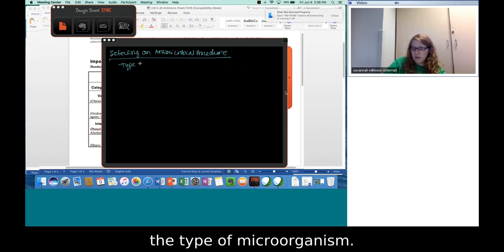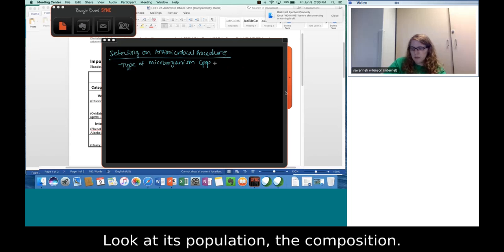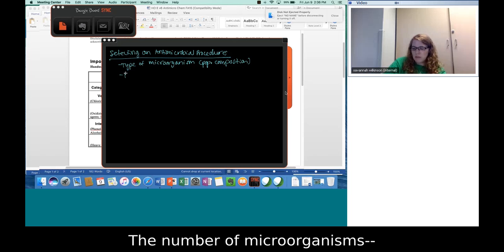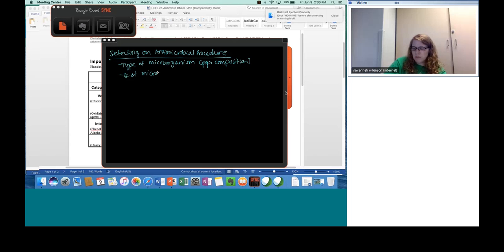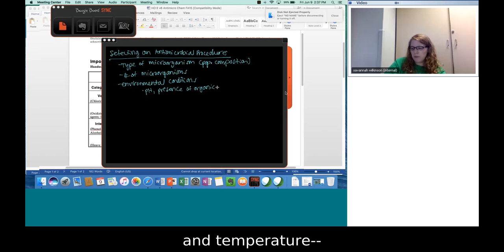The type of microorganism, look at its population composition, the number of microorganisms, the desired conditions, such as pH, the presence of organic matter, and temperature.